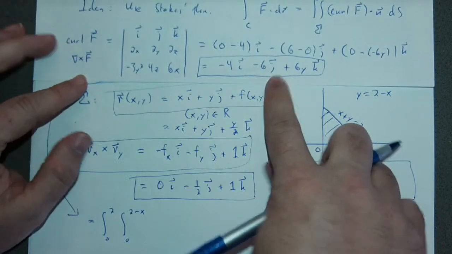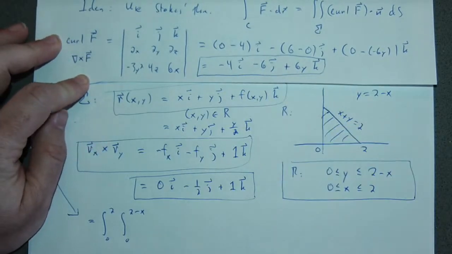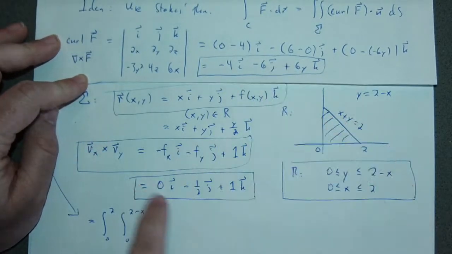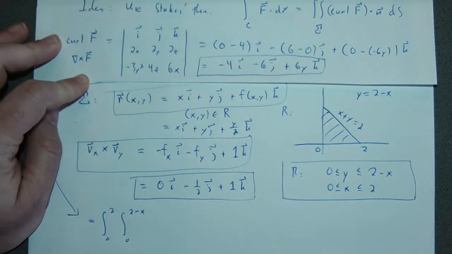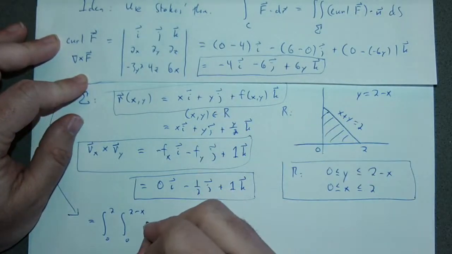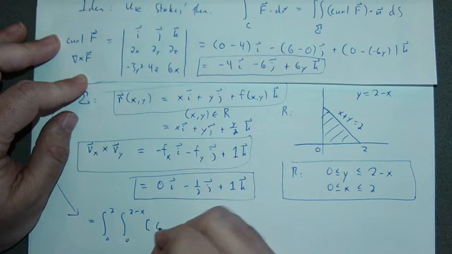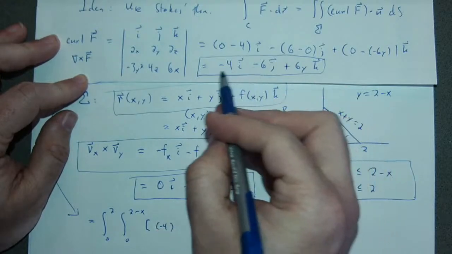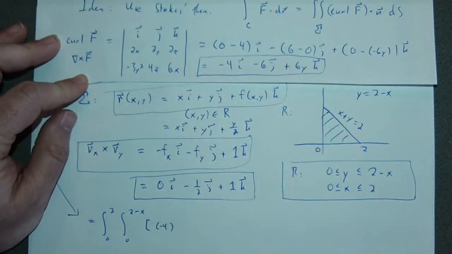So it is going to be curl of f dotted with this normal that we found. It's going to be minus 4 dotted with, and of course, let's pay attention here.